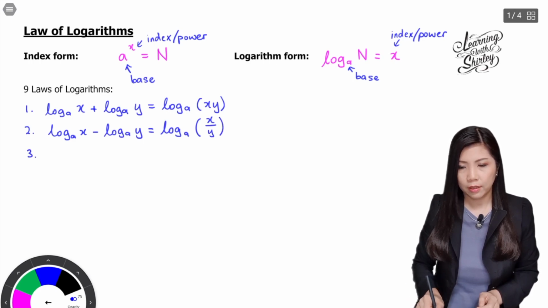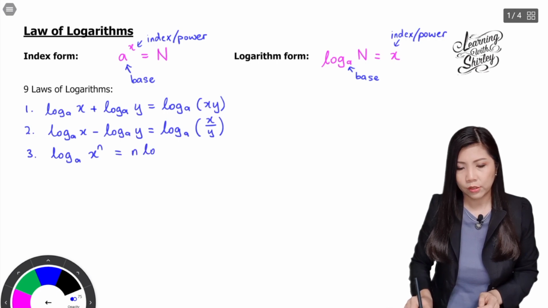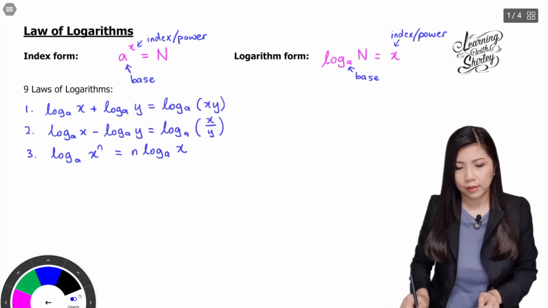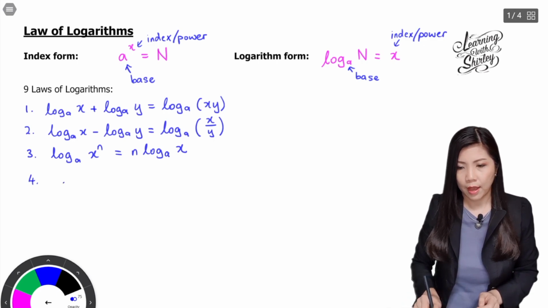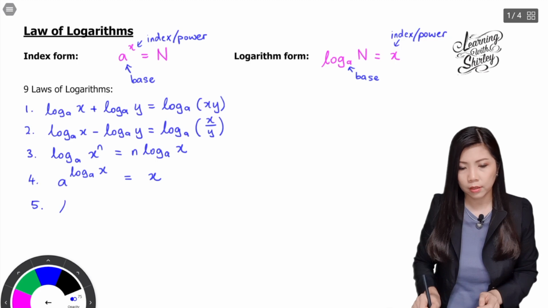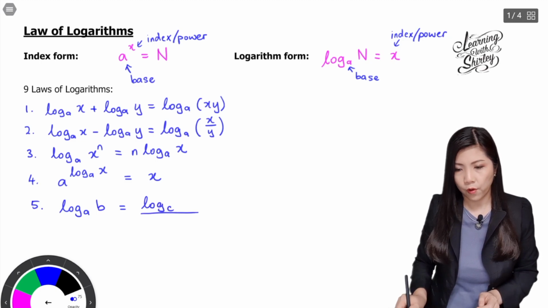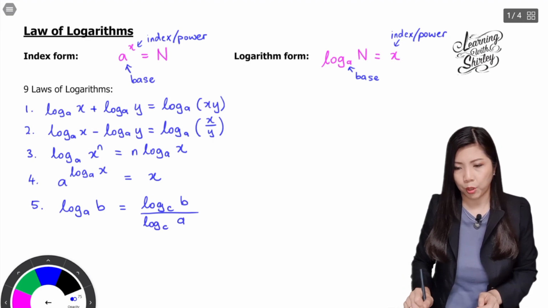For number 3, log a x to the power n equals, you can bring down the n, n log a x. Number 4, a to the power of log a x equals x. Number 5, log a b equals log c b over log c a, where b is on top and a is at the bottom.